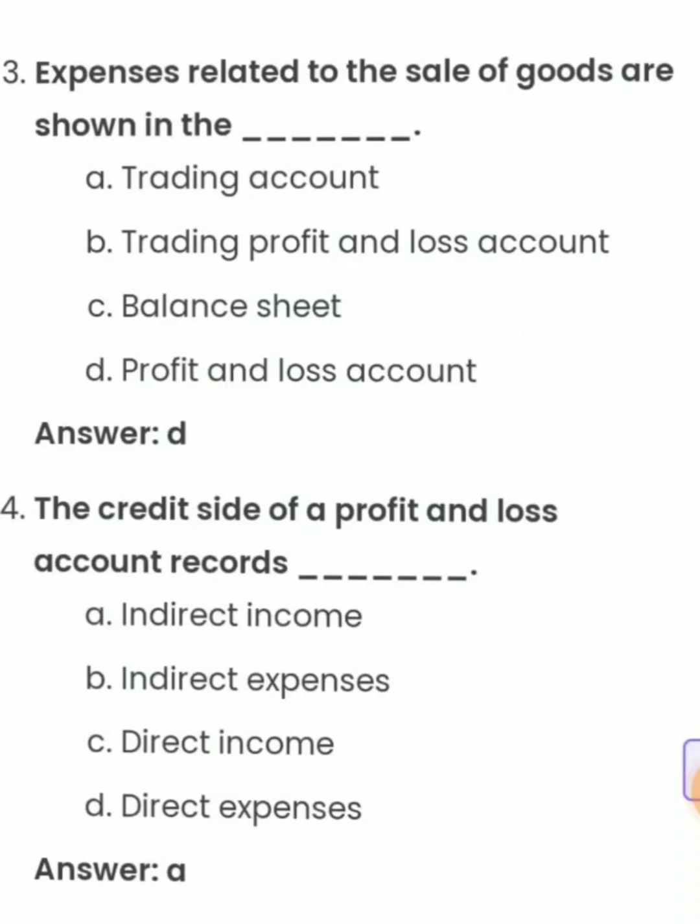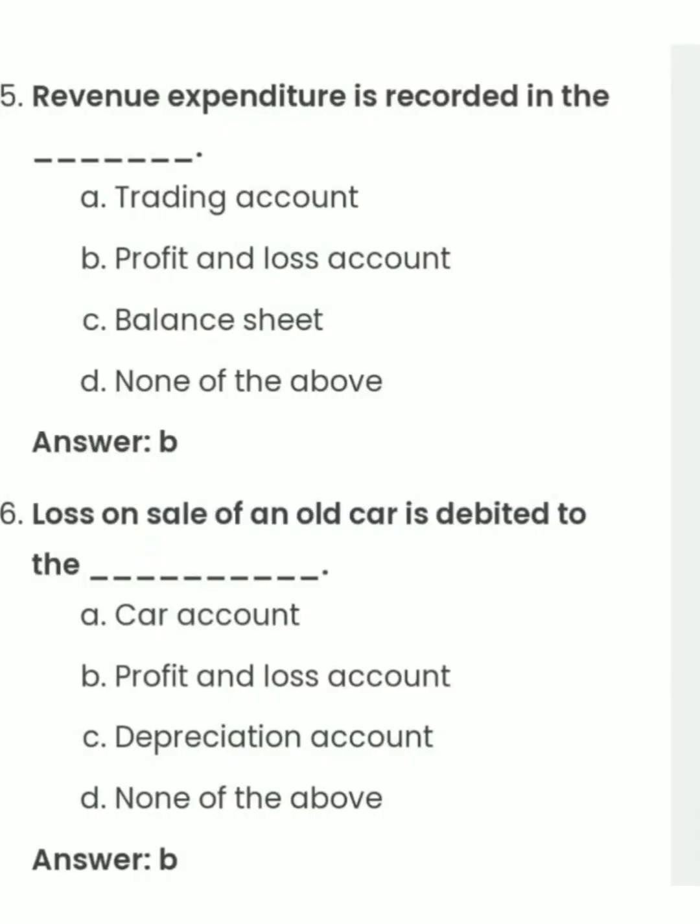The next one, the credit side of the profit and loss account records indirect income. The debit side records indirect expenses, and the credit side records indirect incomes. Here option A is correct. Revenue expenses are recorded in the dash.